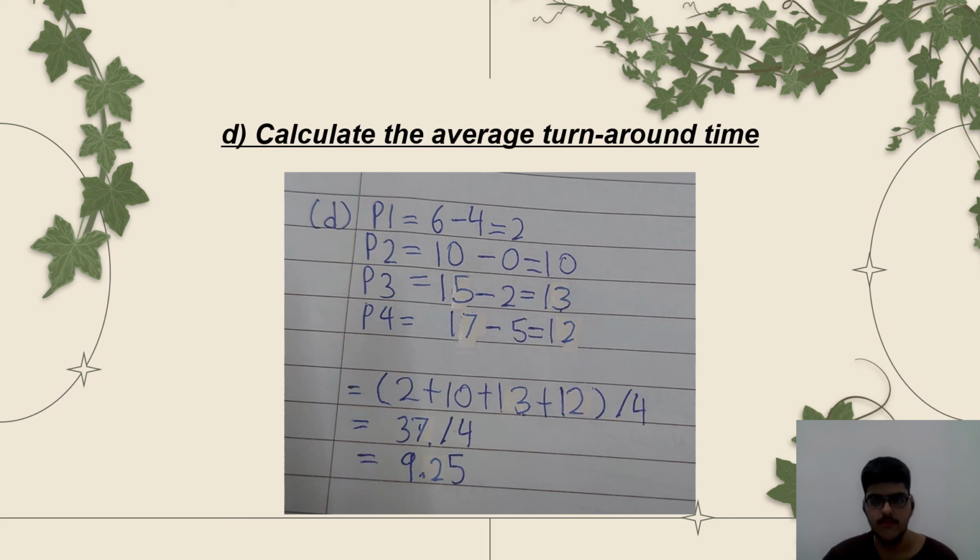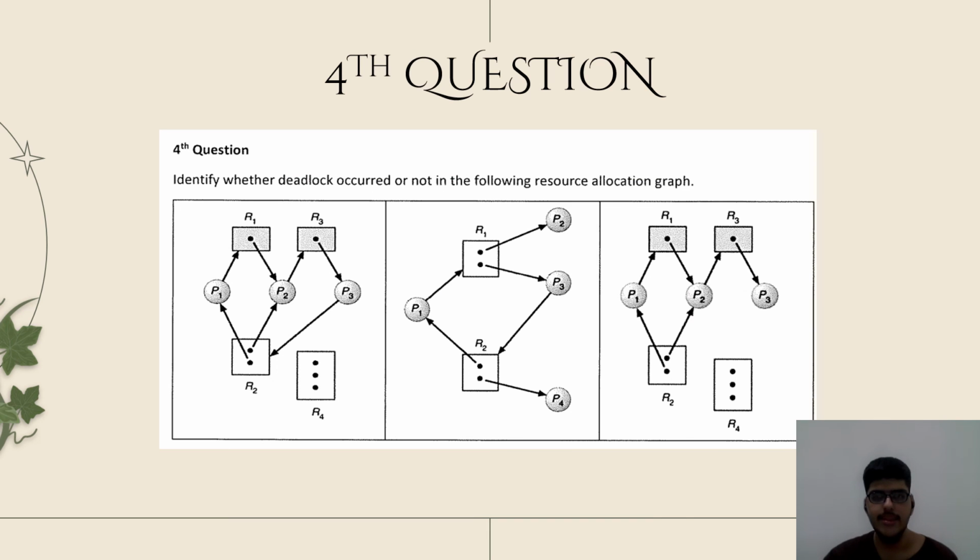You need to sum the turnaround times and divide by 4 because there are 4 processes. 2 plus 10 plus 13 plus 12 gives 37. Divided by 4 processes, you get 9.25. Based on the calculator, you will get the answer of 9.25. Okay, this is the last question of problem-based exercise 1.